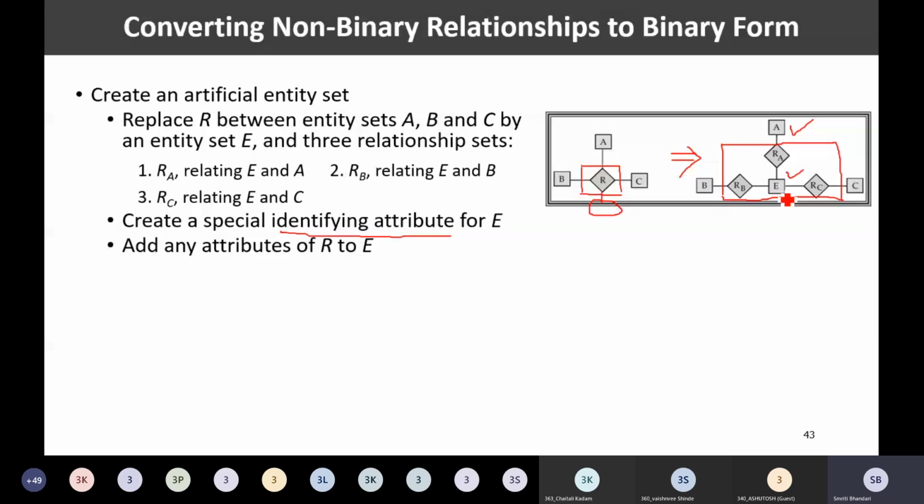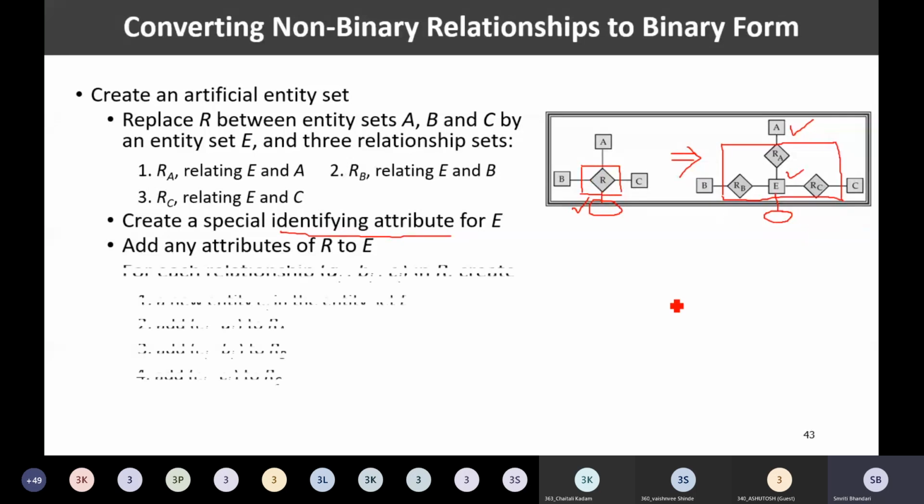If I am having any additional attributes of R, I am going to add those attributes to E. So if I am having such a descriptive attribute for R, then I am going to add that attribute as an attribute of E. So for E, I am having an identifying attribute, which is a primary key, and also the descriptive attributes of R, if any.